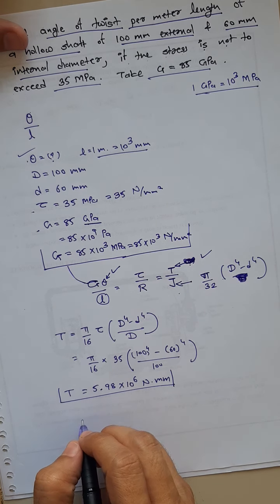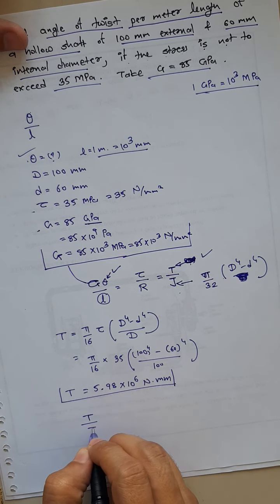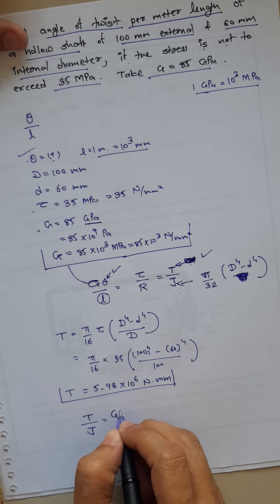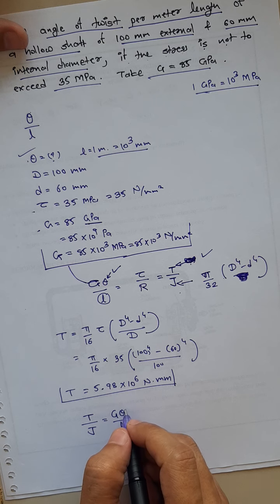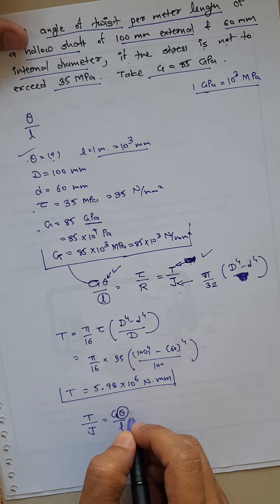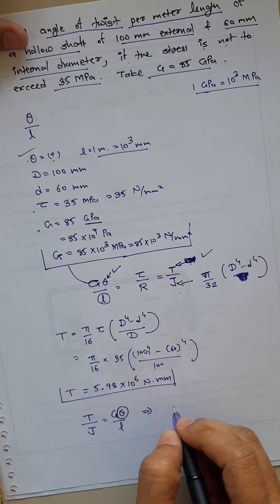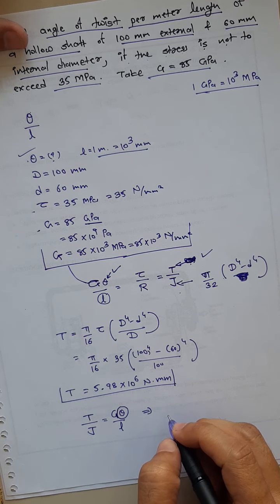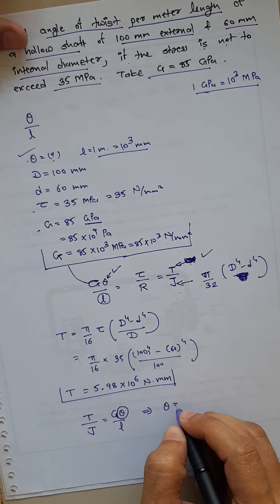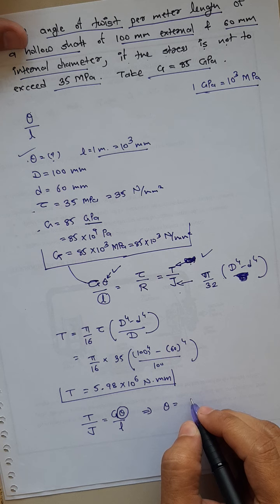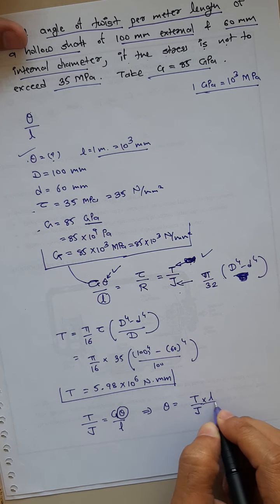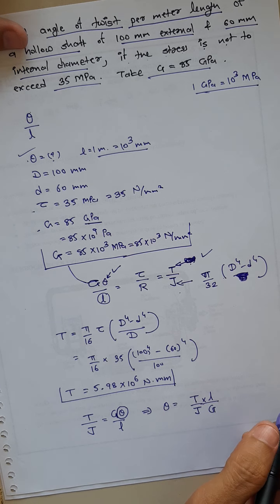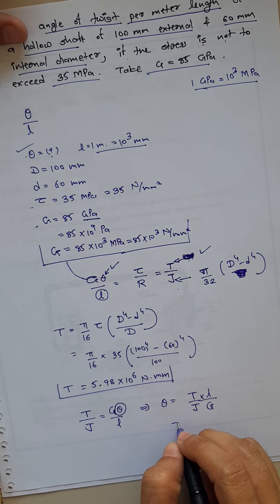Okay, so use this relation: T by J is equal to G theta by L. In this equation the only unknown left is theta. So you can say, keep theta on one side and take everything else to the other side, so theta is T into L by J into G. So simply substitute all the values.